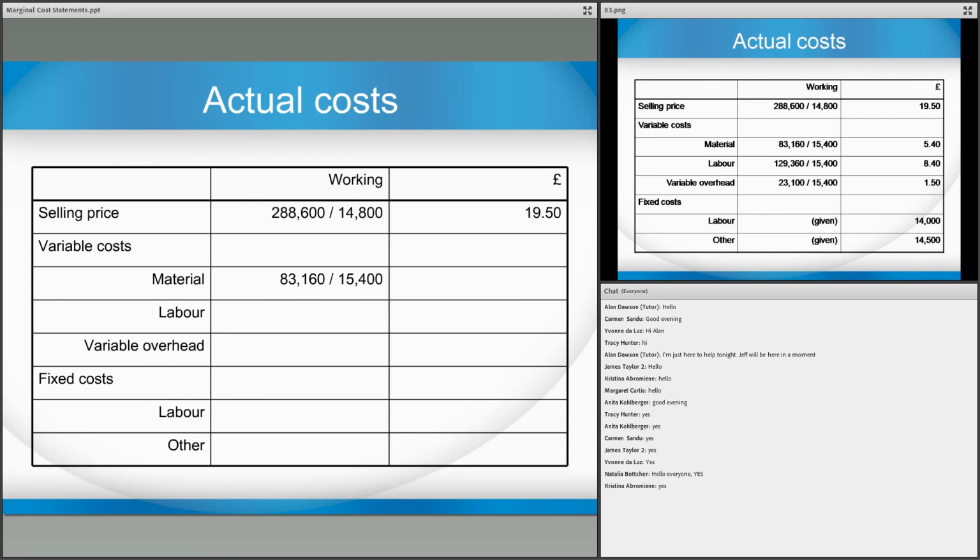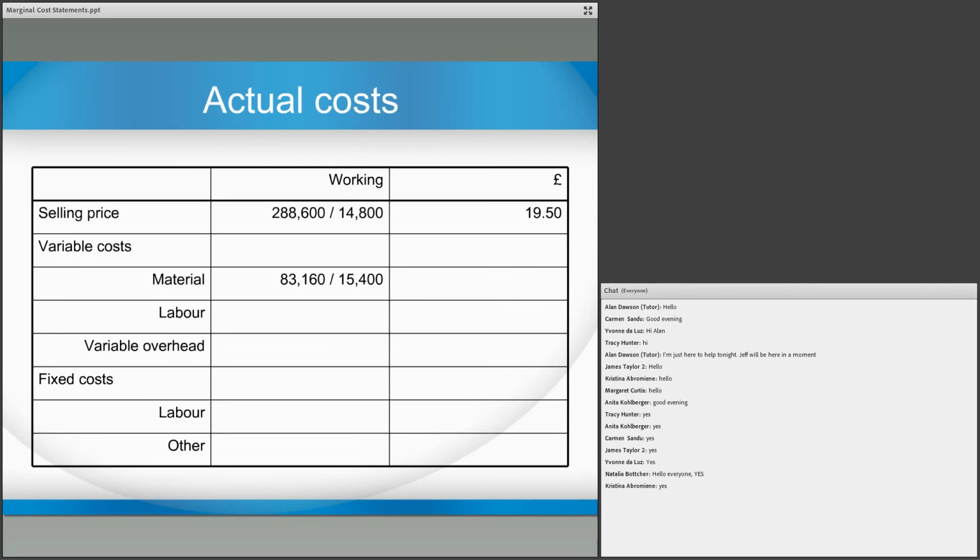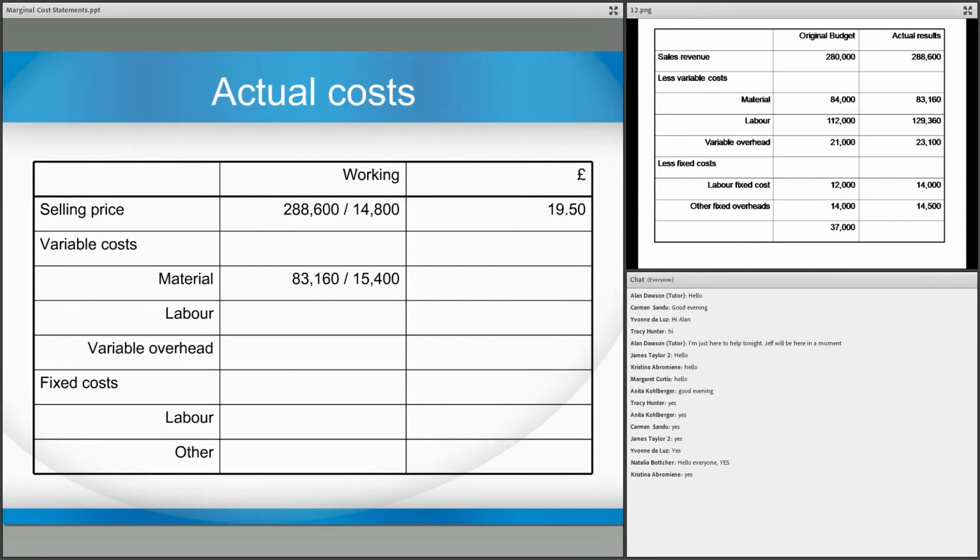That shouldn't be the actual cost card there. It should be that one. So there we are, yes. So material 83,160. Sorry for any confusion there. Our labour 8160.